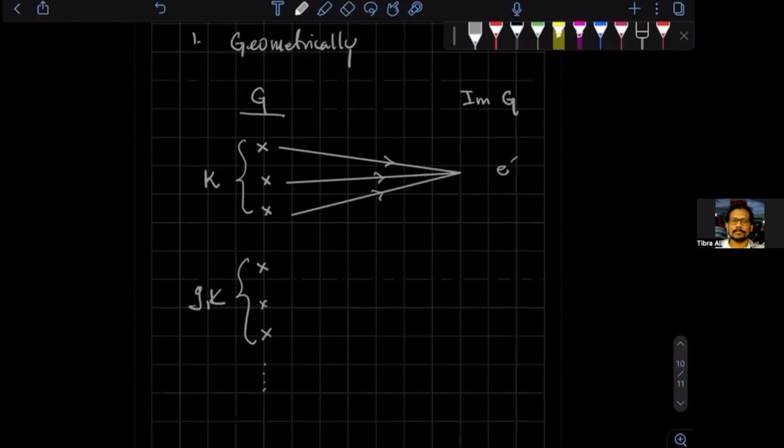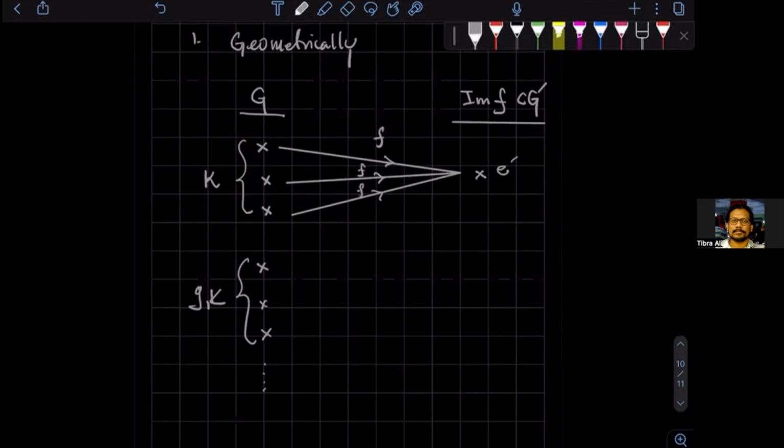Sorry, this should be image of F. Okay, right? So all these guys get smooshed into one thing under this map F.